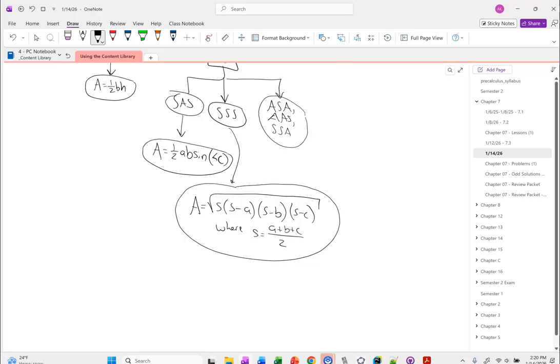We can calculate the area using the formula A equals the square root of S times S minus A times S minus B times S minus C, where S is the semi-perimeter, that's A plus B plus C, the perimeter of the triangle, divided by 2. Is everybody okay there?